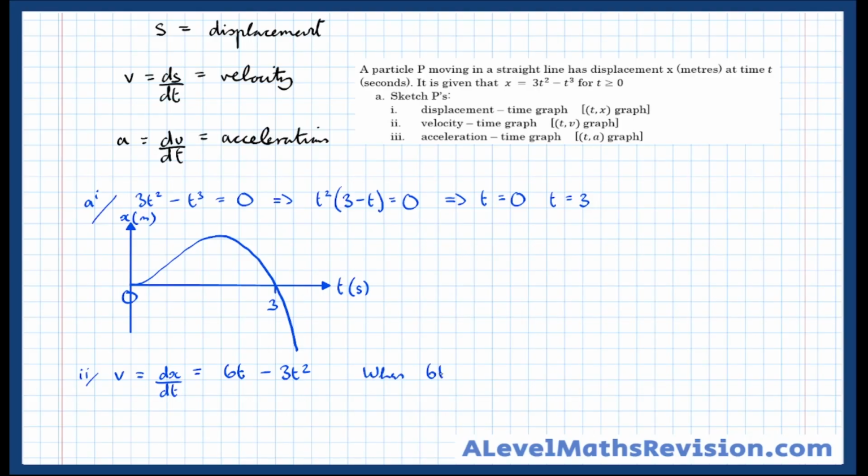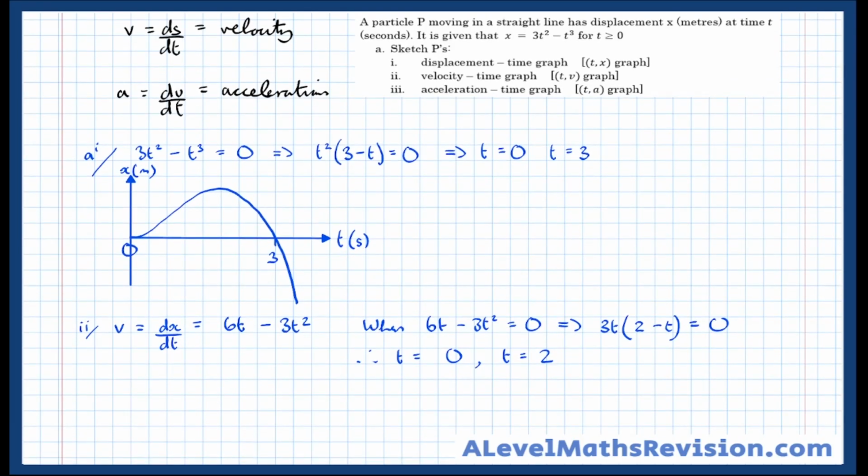When 6t minus 3t squared equals 0, if we factorise it, both have a factor of 3t in common, and that becomes 3t times (2 minus t). When that's equal to 0, therefore t equals 0 and t equals 2.